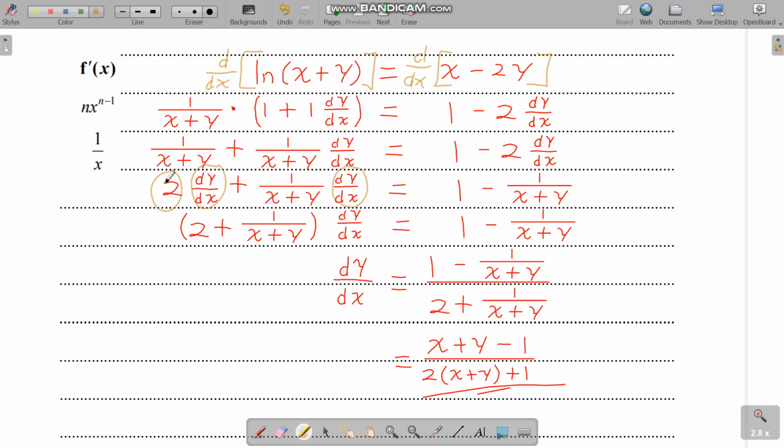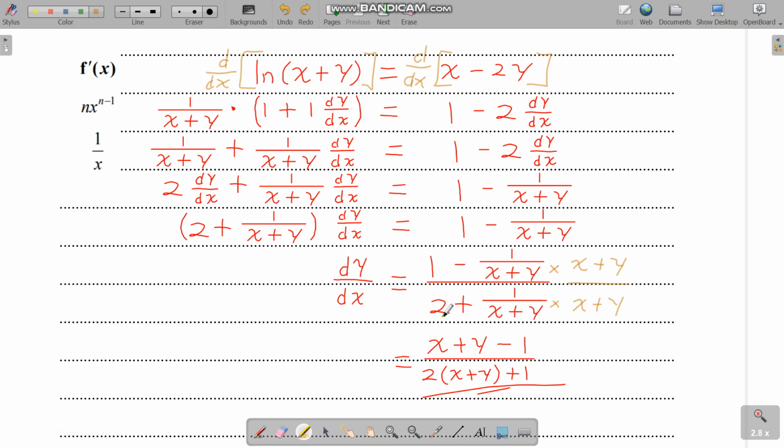We still have 2 plus 1 over (x + y), and then we divide both sides by this bracket, and now we multiply both parts of the fraction by (x + y). So actually we're multiplying by 1, we're not changing anything, but when we multiply 1 times (x + y), we get (x + y), and when we multiply here, they cancel out, we have only 1.